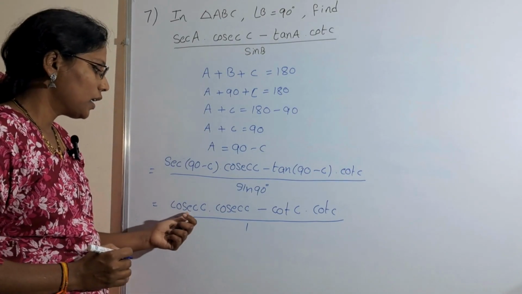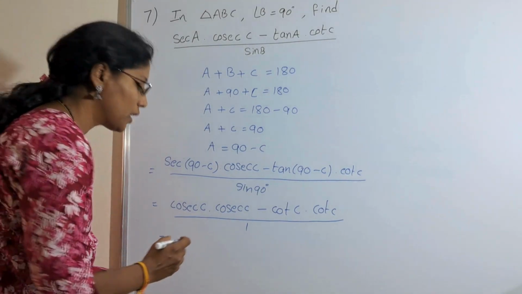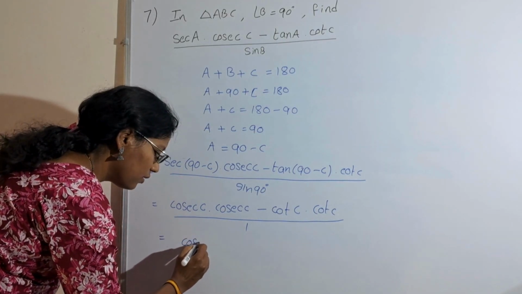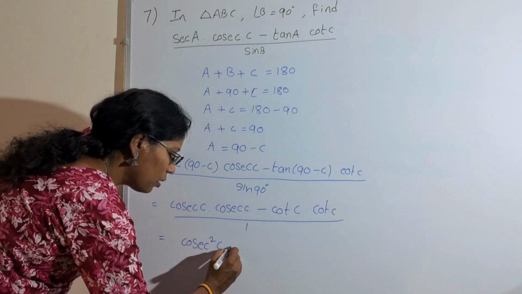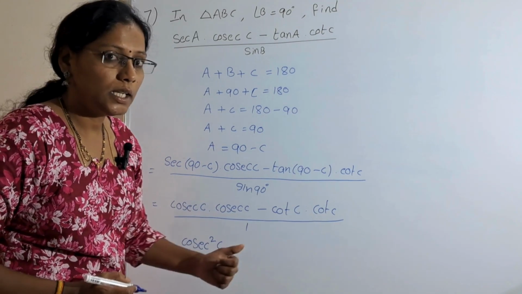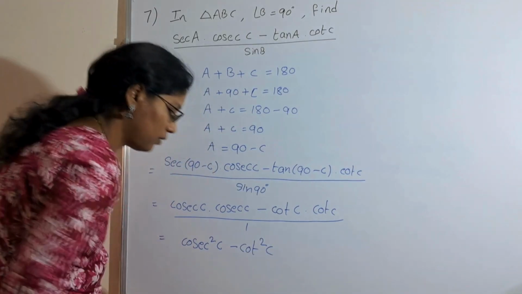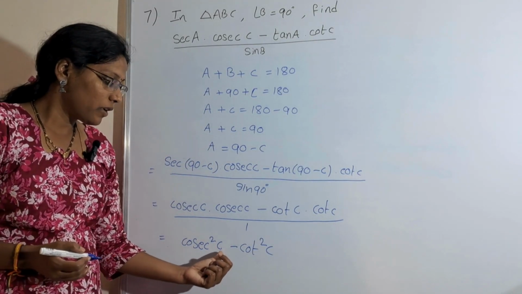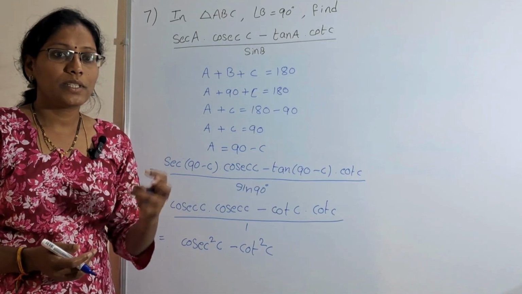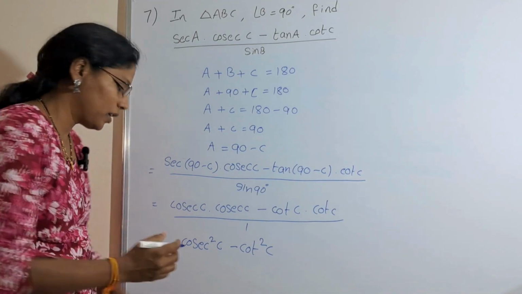This is equal to cosecant C into cosecant C, cosecant square C, minus cot C into cot C, cot square C. This cosecant square C minus cot square C, using the third identity, has value 1.